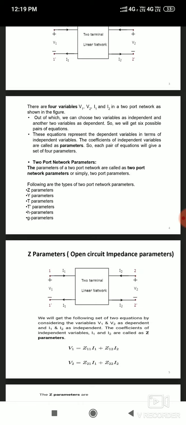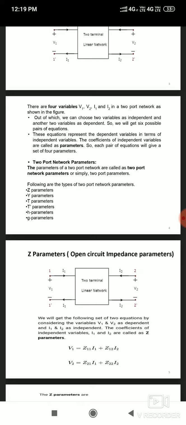Now next one. Suppose I take the opposite. Suppose I am taking V1, V2 as independent and I1, I2 as dependent. Then another combination will be formed. That will be the second combination, which is nothing but Y parameter. Whether to call it Y or H, we can understand when we are learning the Y parameter.